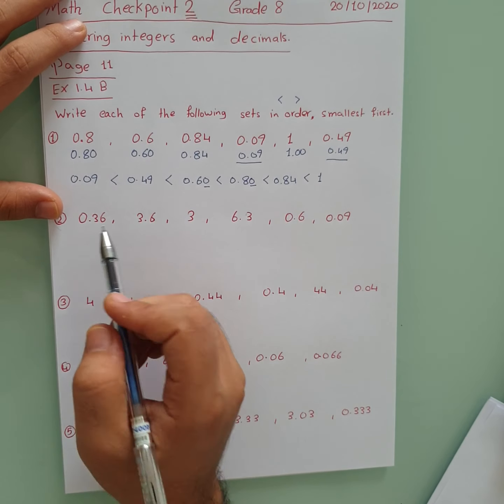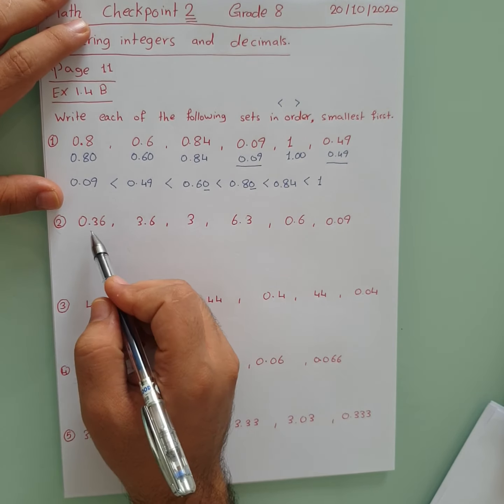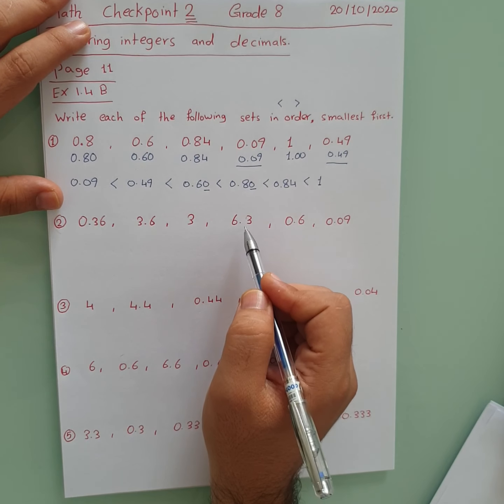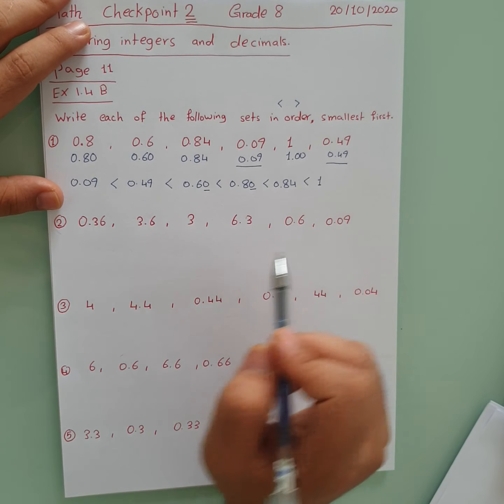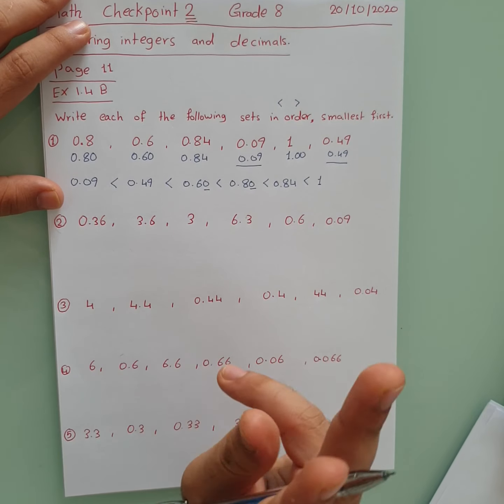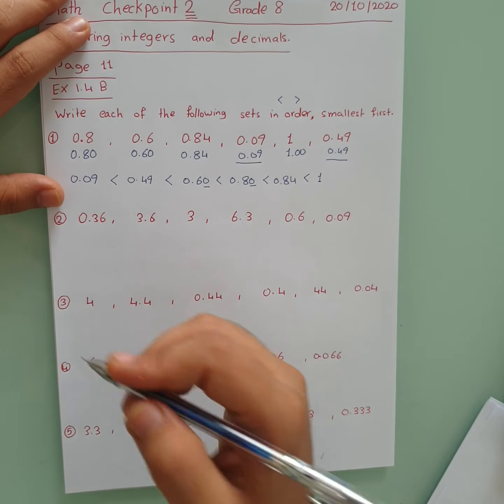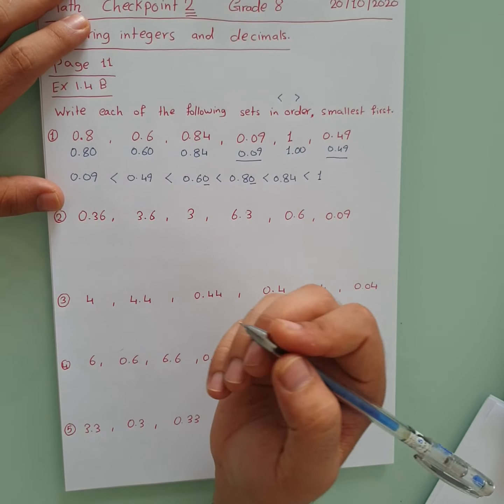Now what is the highest number of decimal places we have here? We have 2, 1, none, 1, 1, 2. So all of them should have 2 decimal places. This is to make the question easier for me and not to get me confused.